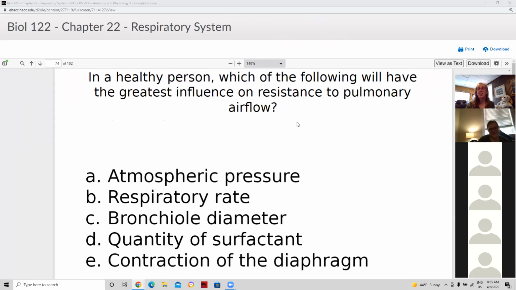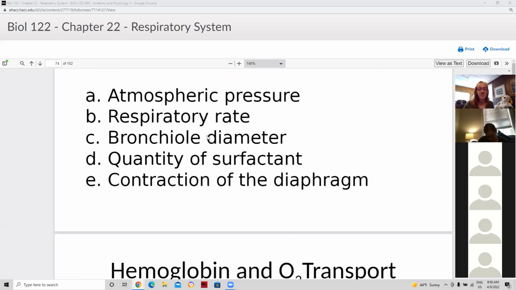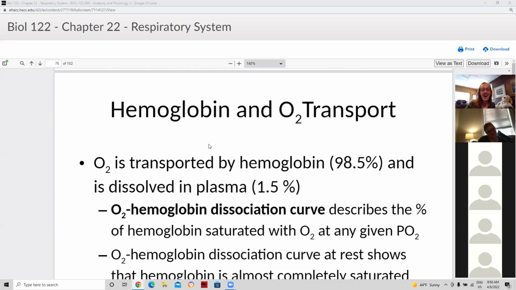Let me put this a different way. Let's look at this air as being fluid. What do you know from when we talked about blood vessels? What has the most effect on the flow of the blood? The diameter of the vessels. Right. It's the same thing here. The diameter. Exactly. Yes, you're right. It was probably on the quiz too, because guess where I get these questions? That's awesome. Okay.